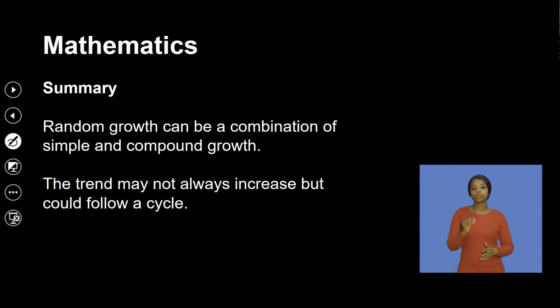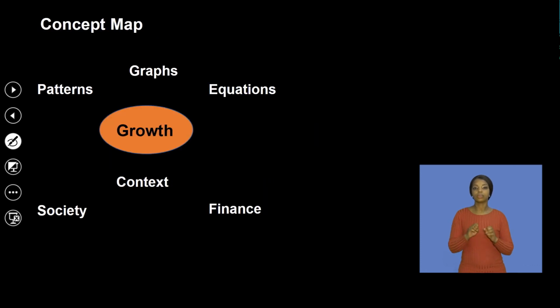So it's just a fluctuation and a very random thing that is happening. The trend may not always show an increase, but could follow a cycle. So every 5 years you can see that it's increasing or decreasing, and there are people who are actually trying to predict this. Hence, we always see this on the news and on social media.